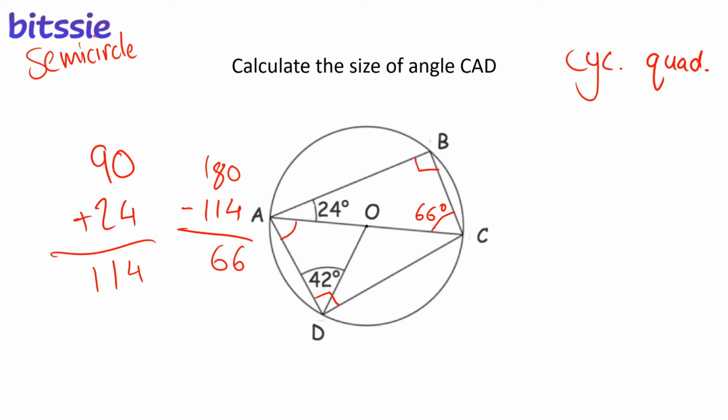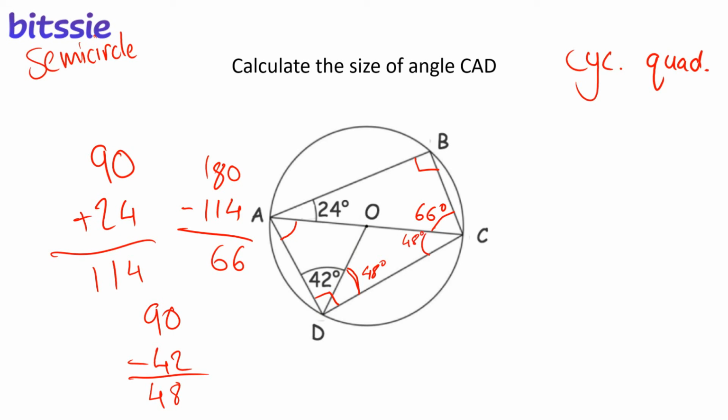And then what we need to do next is we can work out this angle, which is 90 minus 42, which gives us 48. And then since this line and this line are both radii, we know that this angle is also 48 degrees.